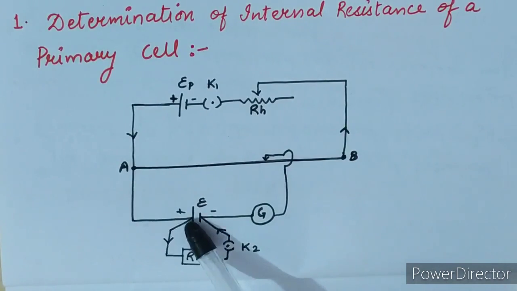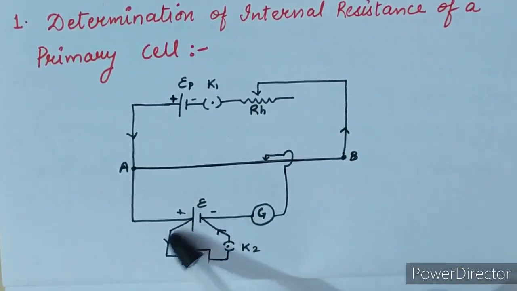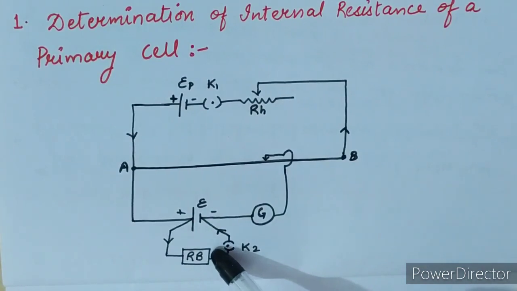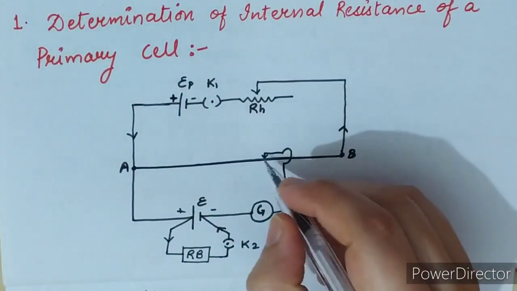With point A, another cell, a secondary cell, is connected. Along with that, in parallel combination, one resistance box is there. Here is another key K2, then the galvanometer, and then the jockey. This is your jockey.